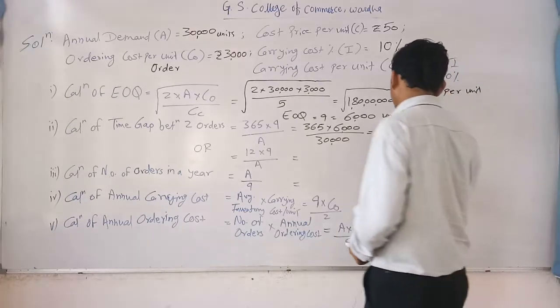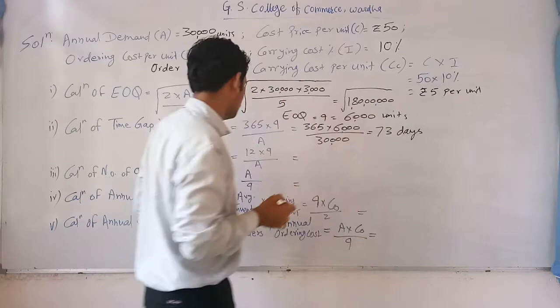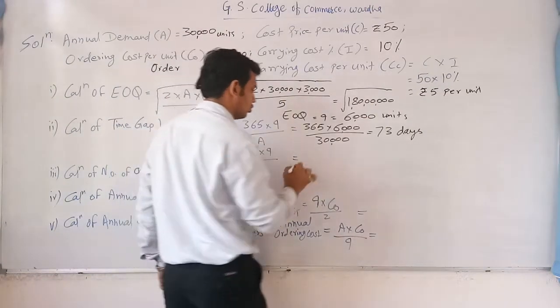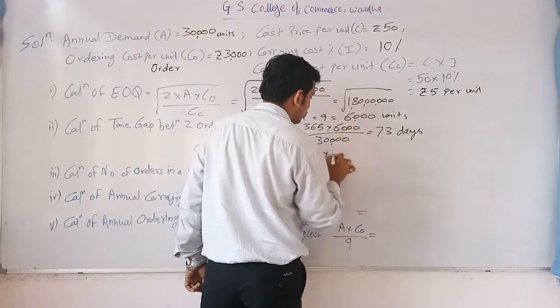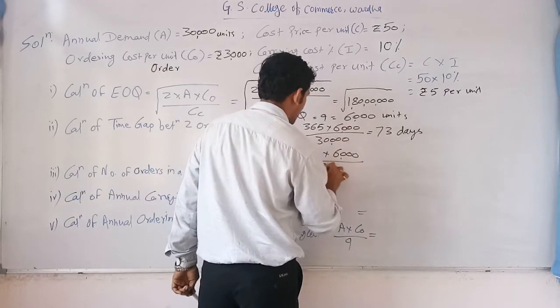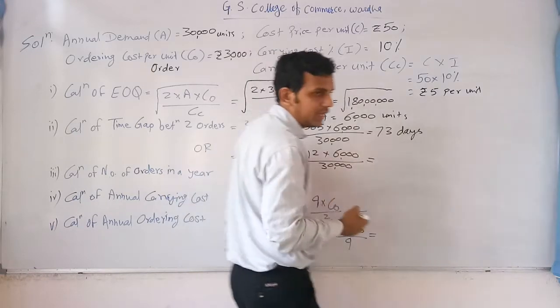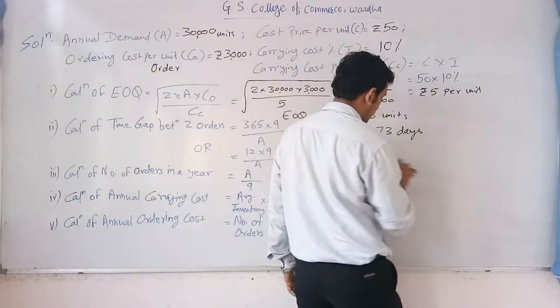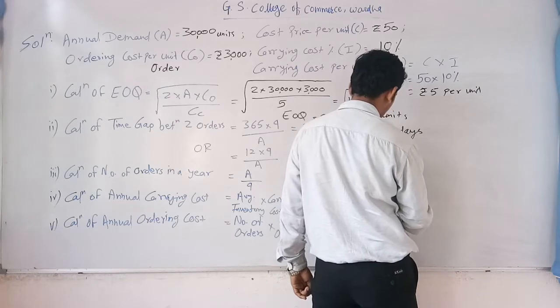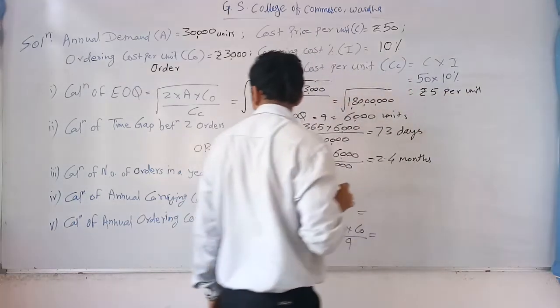We get our answer as 73 days. We can even go for the monthly calculation also, that is 12 multiplied by Q, 6,000, divided by A, 30,000. By simplifying it, we get our answer as 2.4 months. That is our time gap between two orders.